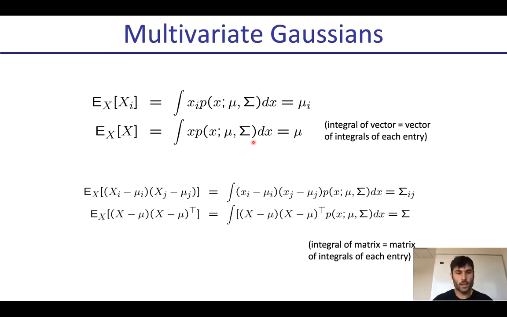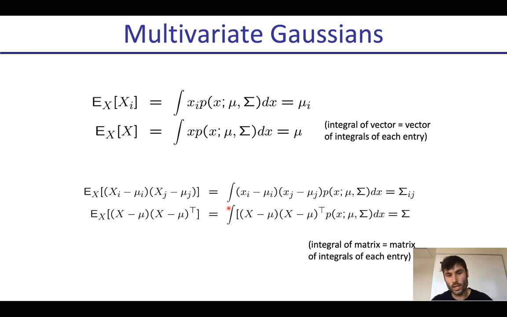So if we compute the matrix sigma, the component ij is the ij component of the covariance matrix. Because this is essentially the definition of the covariance, xi minus mu i times xj minus mu j, if you take the expectation of this multiplication, this is the covariance between these two random variables.